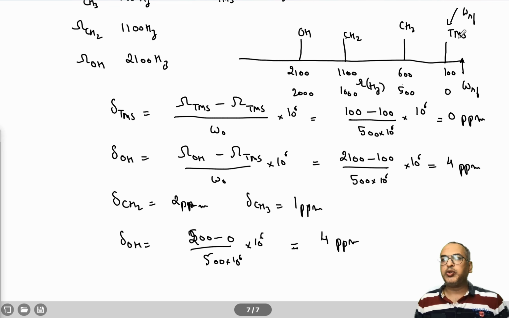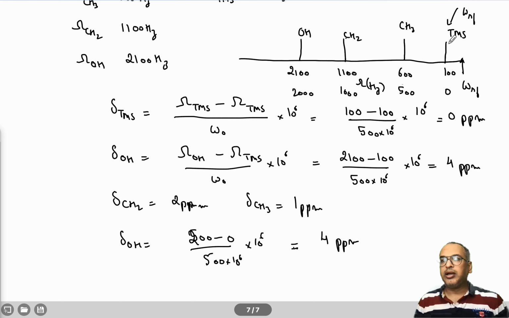You can actually choose anything to be your standard. You can also choose water as a reference. You can choose any other solvent peaks as your reference, but whenever you're reporting your chemical shift values, that is the values in ppm, you have to define that you're comparing your values with respect to so and so peak.